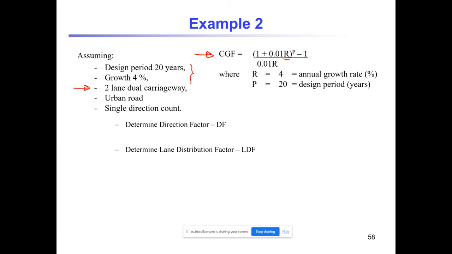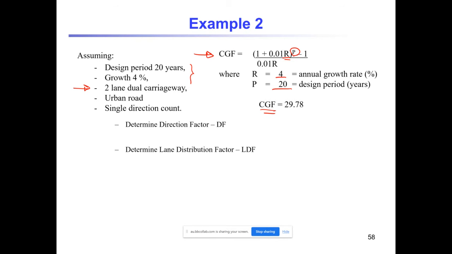R here is the rate of growth, and P here is the design life. And we already know the values. The annual growth rate is 4, and the design period is 20 years. So you can simply substitute in the equation, or you can use the table that I provided you during the lecture in order to calculate CGF. Very simple. It is around 30.